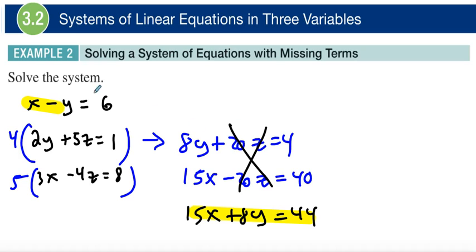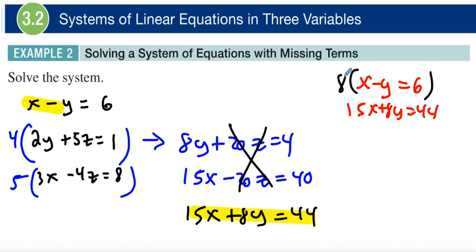So I'm going to go ahead and put these two guys together, and I'm going to go ahead and solve my system of equations. So I have x minus y equals 6, and 15x plus 8y equals 44. Let's see there. I think what would make sense is if I just multiply this top one by 8. That would eliminate the y, so 8 times x, 8x, 8 times negative y, and then 8 times 6 is 48, right?